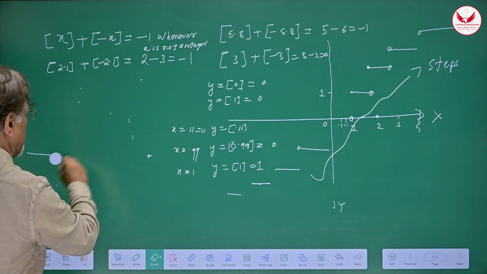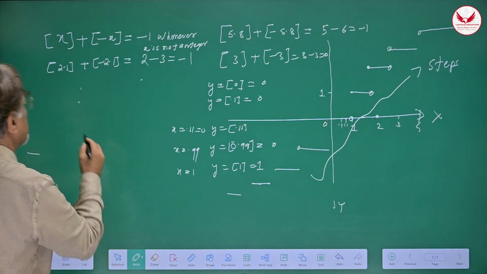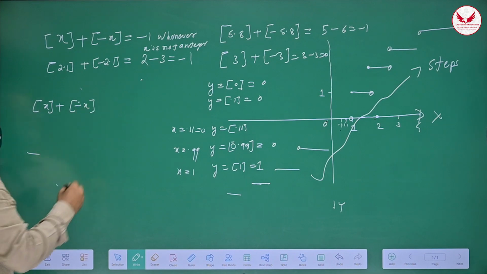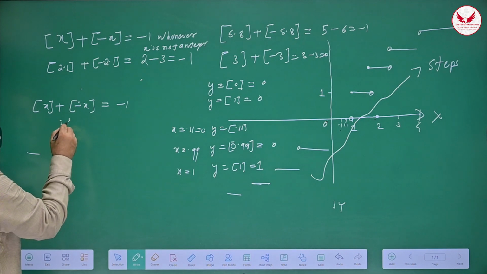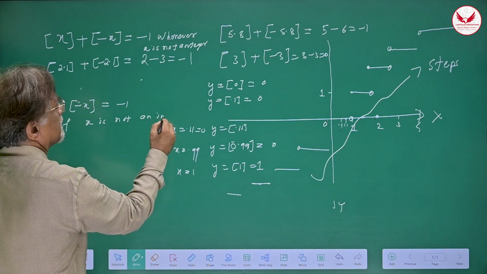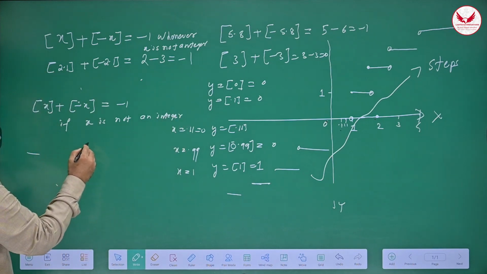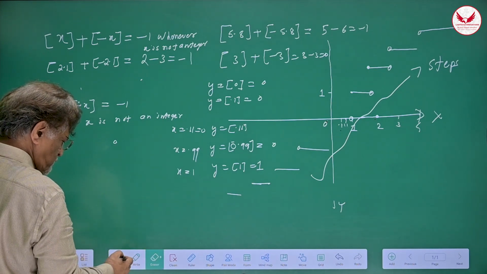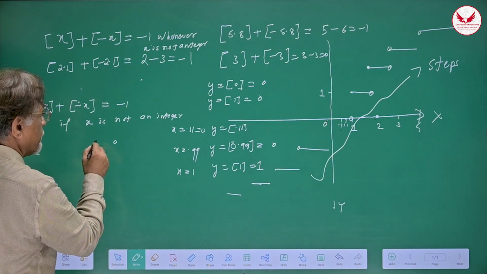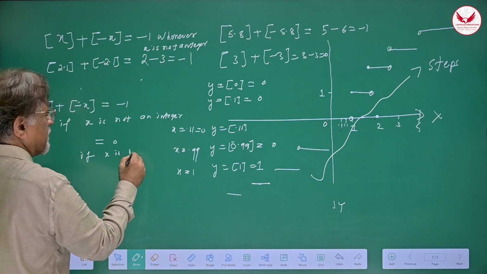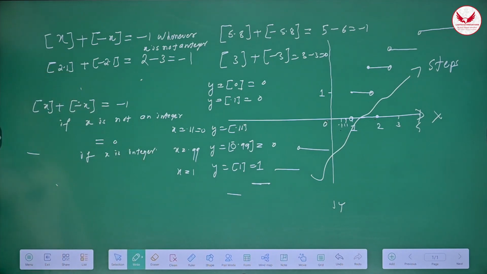So our observation is: the integral part of x plus the integral part of minus x is always minus 1 if x is not an integer, but it is equal to 0 if x is an integer. So it is a very interesting function, and we'll do a lot of problems based on this function a little later.